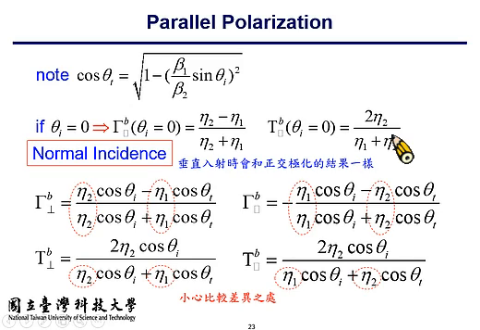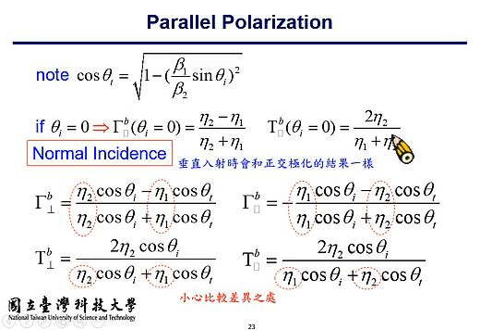For perpendicular polarization, cosine theta i goes with eta 2. For parallel polarization, cosine theta i goes with eta 1. So they are actually different because of the difference in the boundary condition, because of the difference in the tangential component.